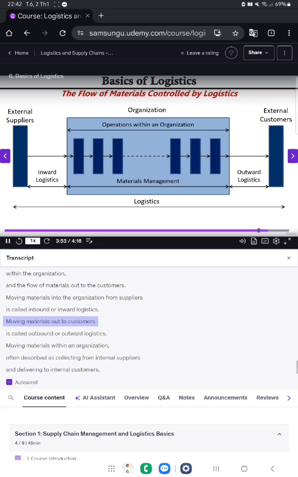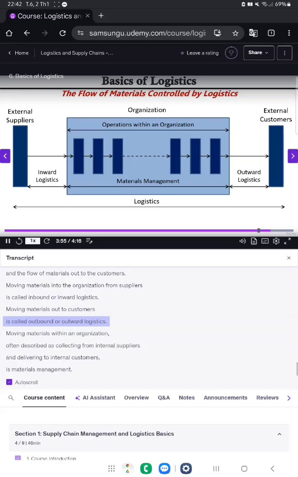Moving materials out to customers is called outbound or outward logistics. Moving materials within an organization, often described as collecting from internal suppliers and delivering to internal customers, is materials management.